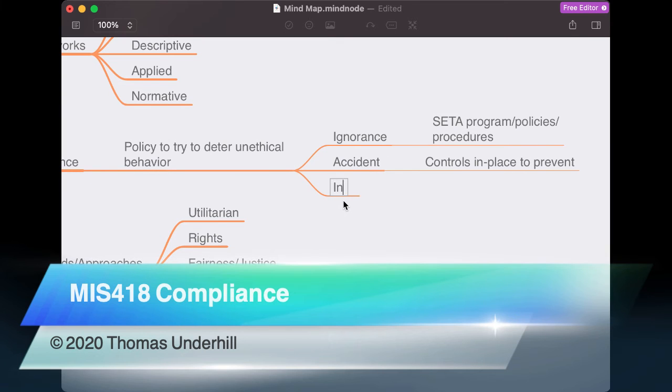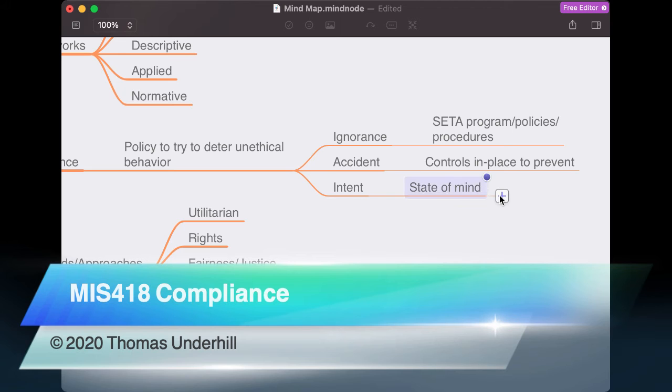And then intent. Okay. So unfortunately, there are people with malicious intent who act in an unethical or criminal manner. This has to do with a state of mind.